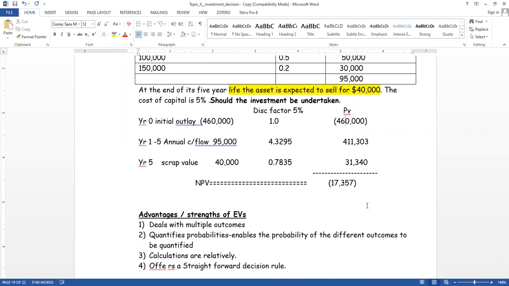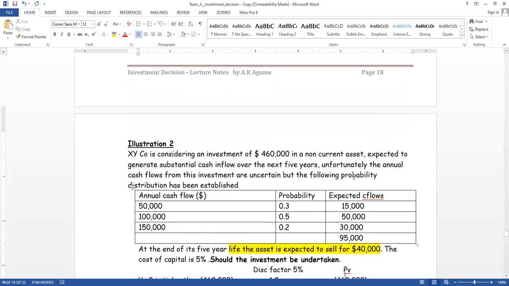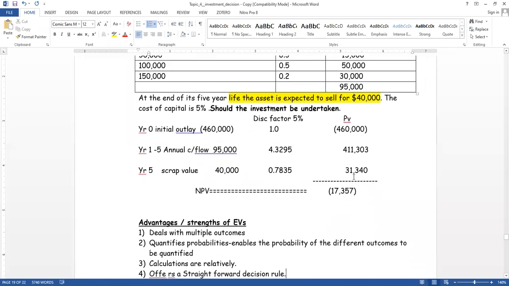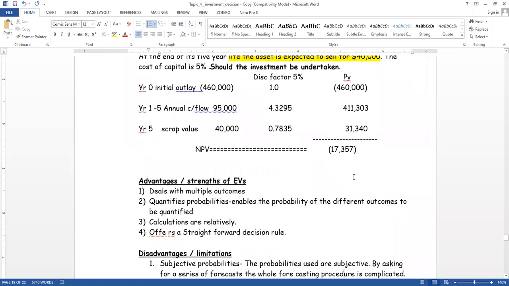The negative is bigger than the positive. The inflows are less than what we spent. So this project is not viable. So the conclusion is that the project should not be undertaken. So that means if the NPV is negative, then it's not viable.